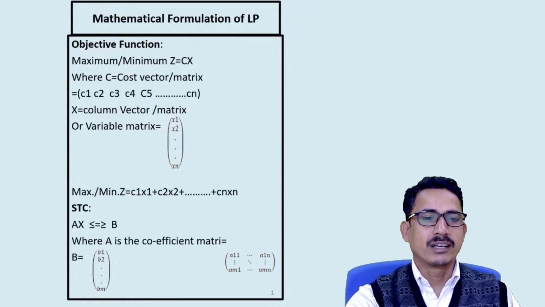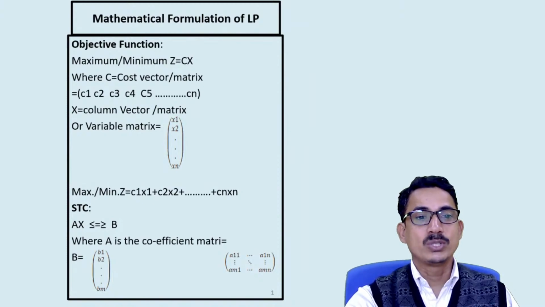Because 3 products are there. We have linked x1 with product 1, x2 with product 2, x3 with product 3. So the requirement is 3 costs: C1, C2, C3. The C is called the cost vector or cost matrix, which is C1 up to Cn. But here in the row matrix you have to cover up to C3, because 3 costs are given.